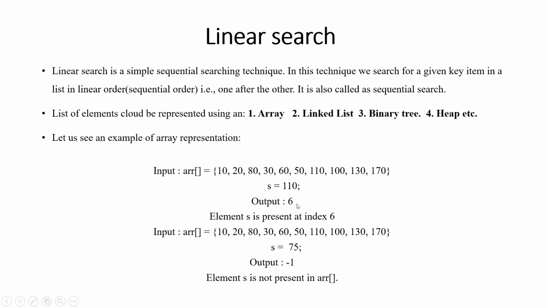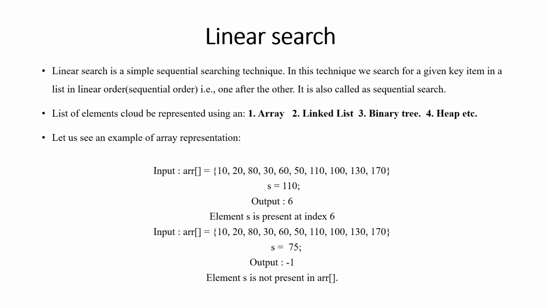Again, suppose I use an input array containing the same set of elements and the key element is 75. This 75 is not in the list. Obviously, by observing you can say so, and the computer's output will be -1, because at no index is the element stored.